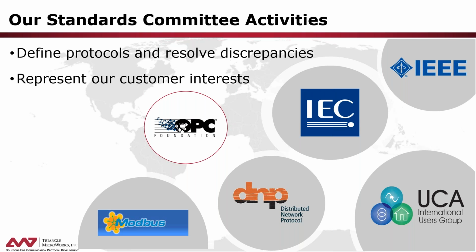In this case, we're focused on IEC 61850, which I'm heavily involved in, but we also support DNP, OPC, Modbus, IEEE, and the UCA users group to support testing in 61850. Because of our heavy involvement in all these groups, we're able to represent any interests our customers have and contribute to forward development of the standards.